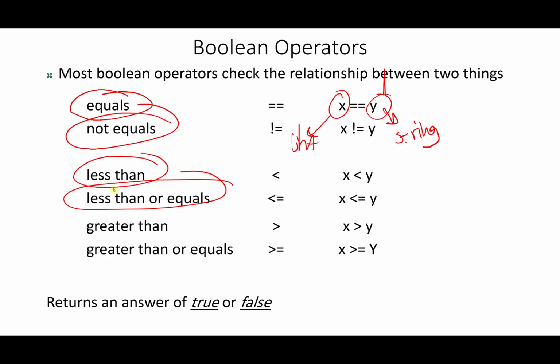So you check the equality or not equality, or less than or equal, greater than or equal on similar things. Now, something that I have to mention, so less than or equal in math is this. Now, this is in math. Since we don't have characters like this on our keyboard, this is how we do it.